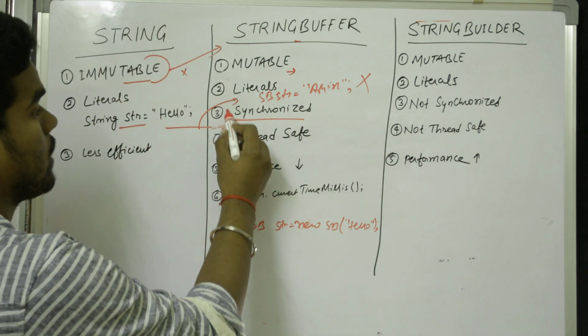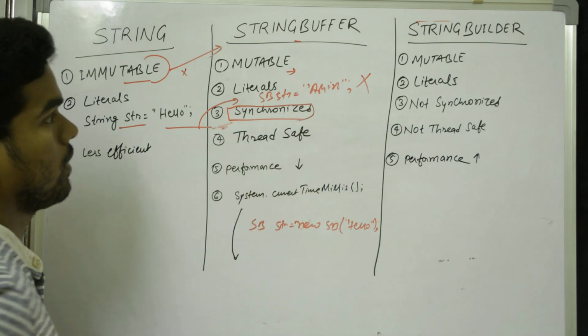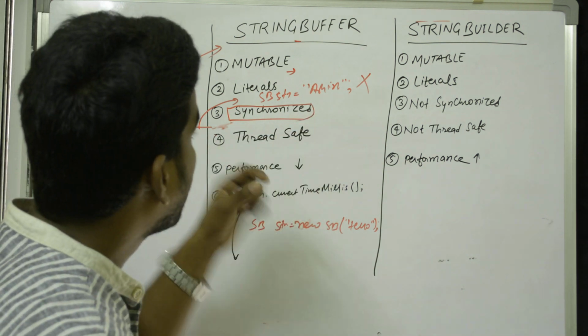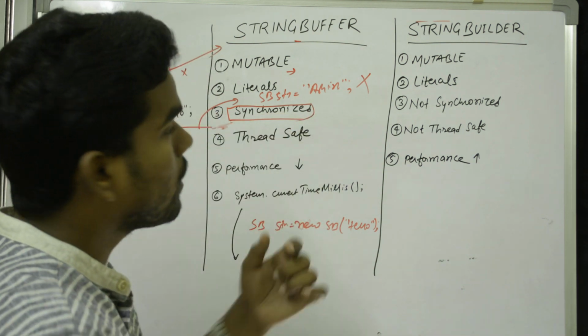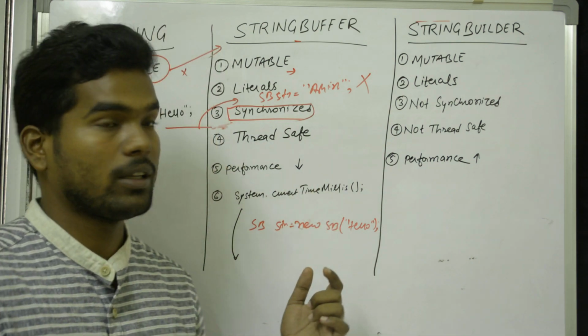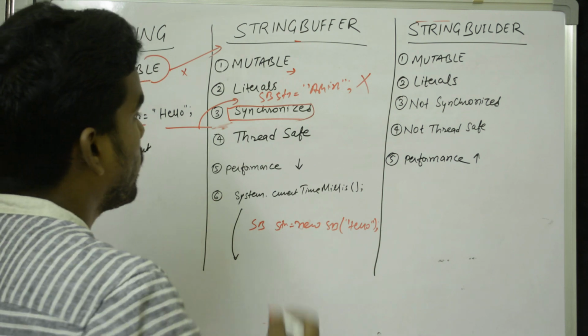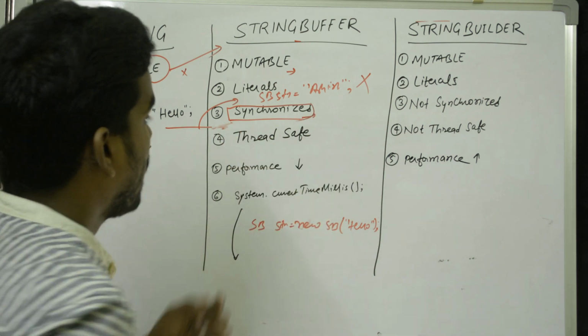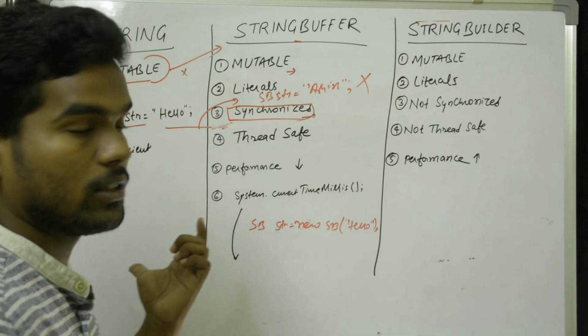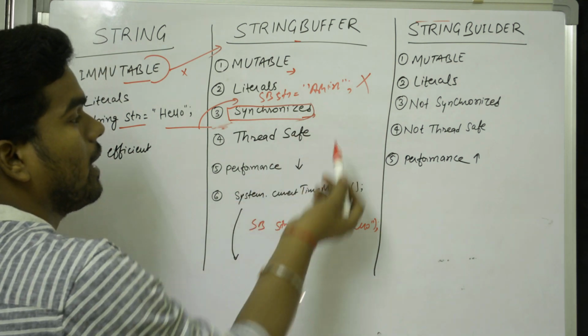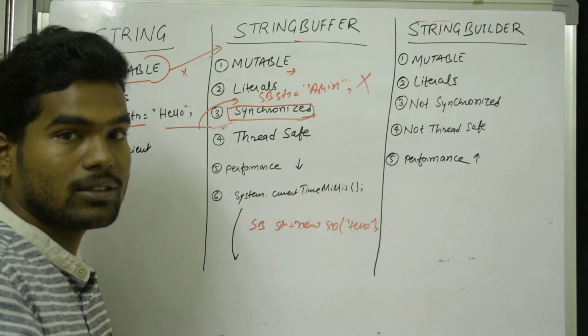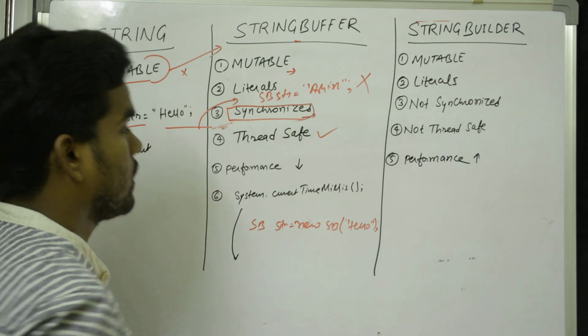This concept has been given in the StringBuffer. And mainly not the object, but all the methods inside this StringBuffer are synchronized, almost all. So this is the difference and extra functionality compared to the String class. When anything is synchronized, you know that it is thread safe. So this is thread safe.